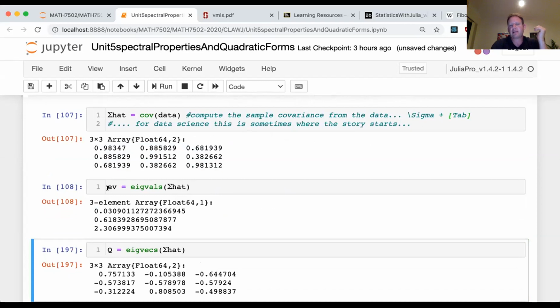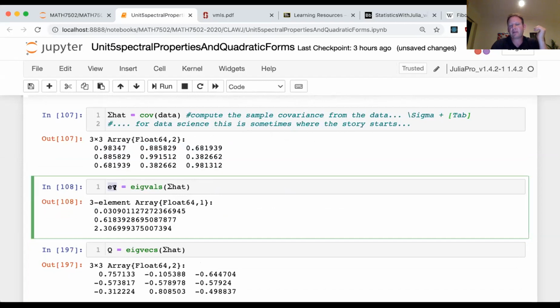Now, the covariance matrix is by the way always positive definite. I haven't spoken about this yet. This is the content of the next lecture that will continue in 3 weeks. But the eigenvalues are going to be positive for the covariance matrix, because the covariance matrix has the property of being positive definite.